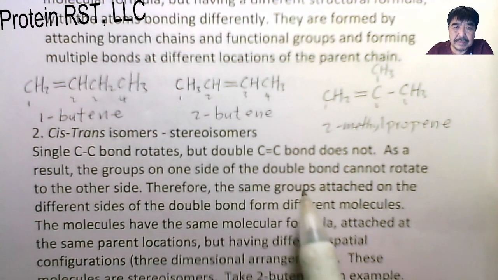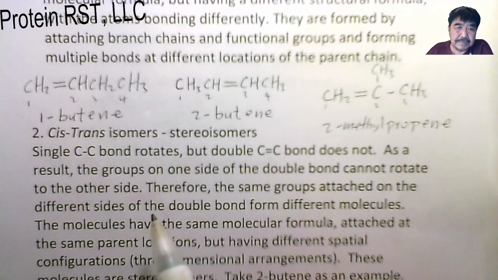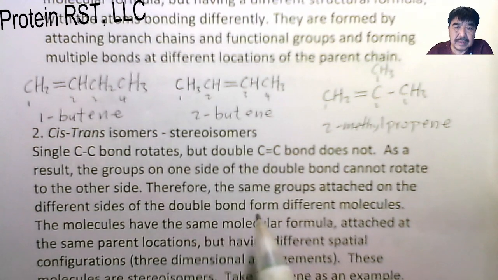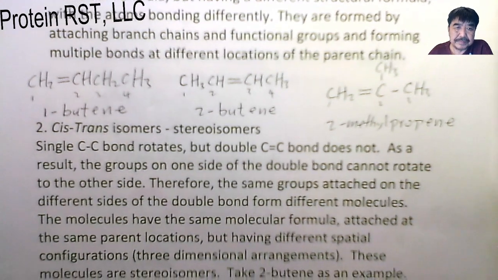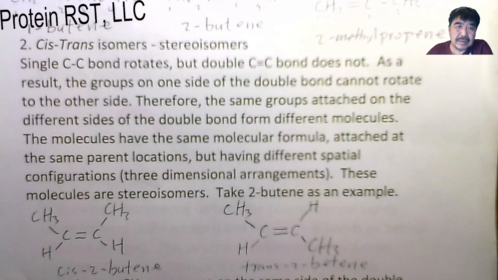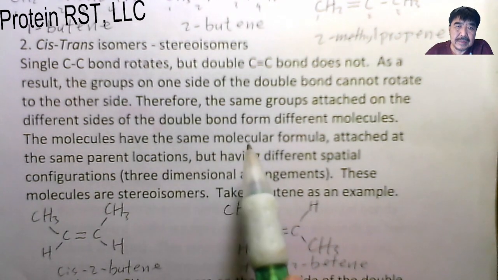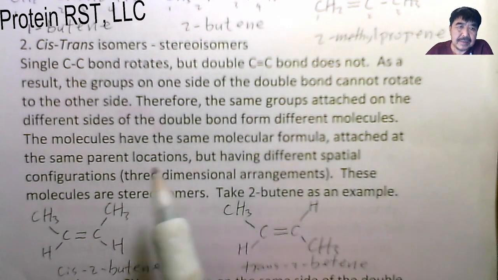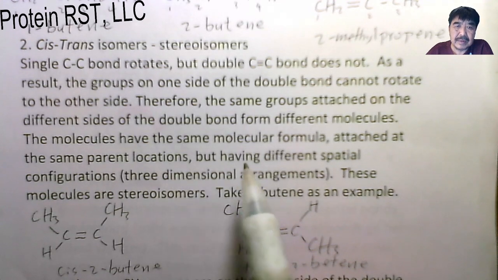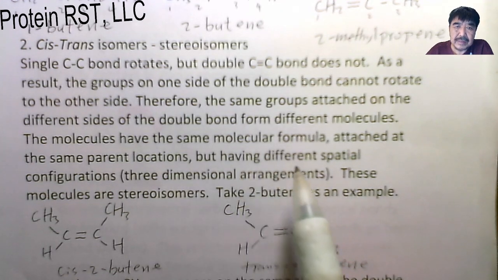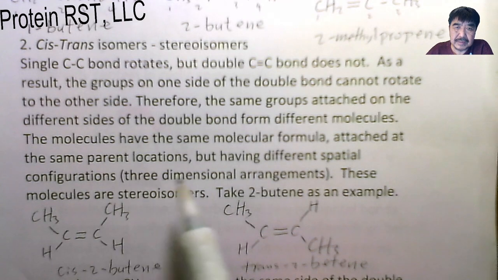Therefore, the same groups attached on different sides of a double bond form different molecules. The molecules have the same molecular formula, attached at the same parent locations, but have different spatial configurations.